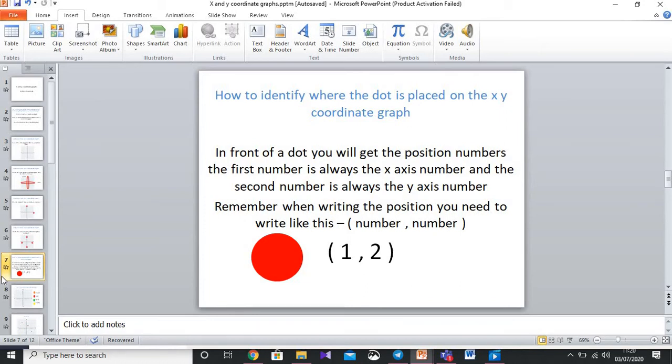Remember, when writing the position, you need to write like this. Bracket, number from the x-axis, comma, number from the y-axis, bracket. For example, look at this red dot. Its position is bracket, 1 from the x-axis, comma, 2 from the y-axis, and a bracket.